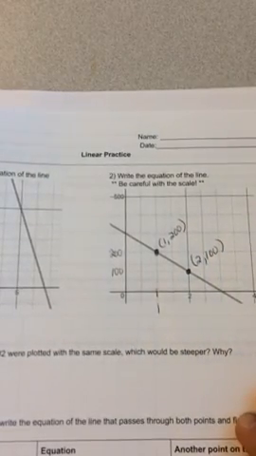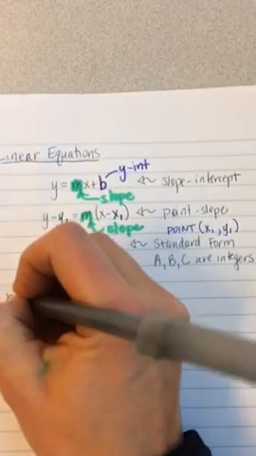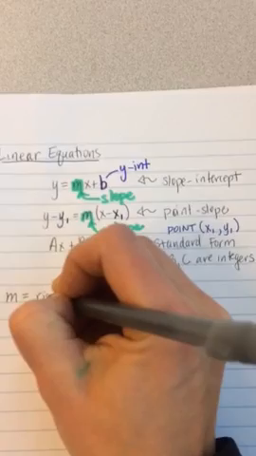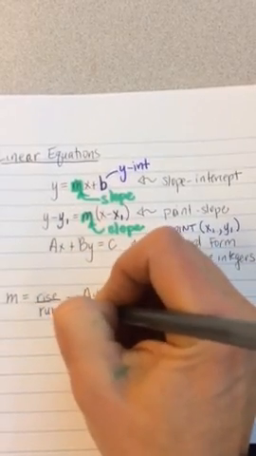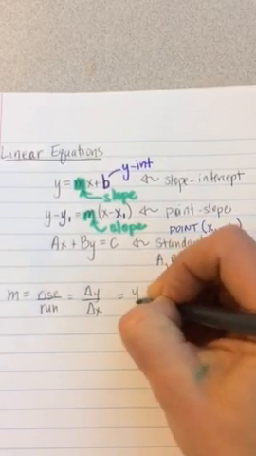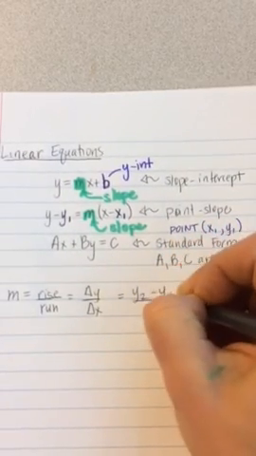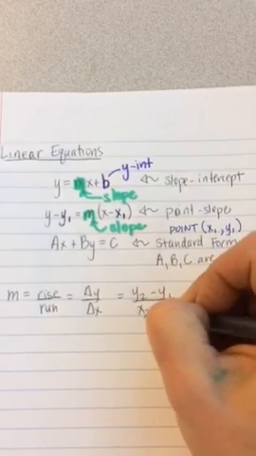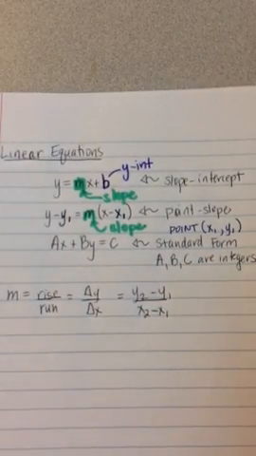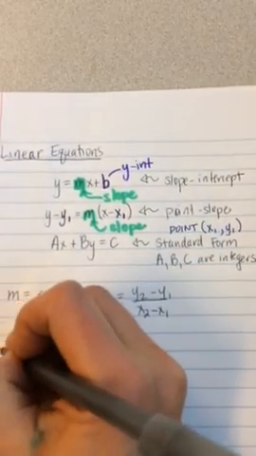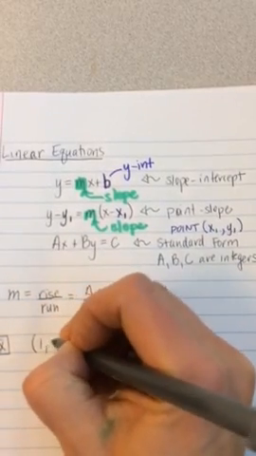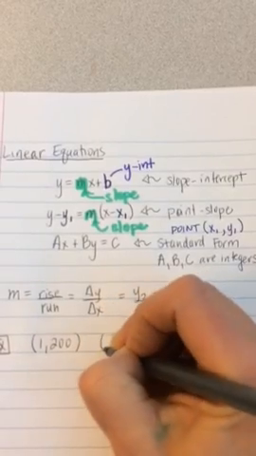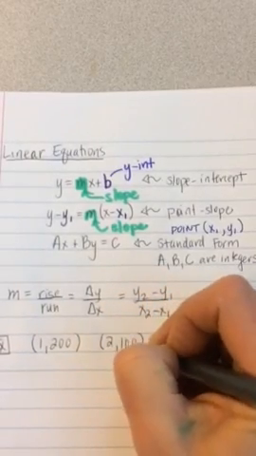Another thing we should add to our summary notes is the slope formula. I'm going to use the slope formula in an example because I've got 2 points here, (1, 200) and (2, 100).